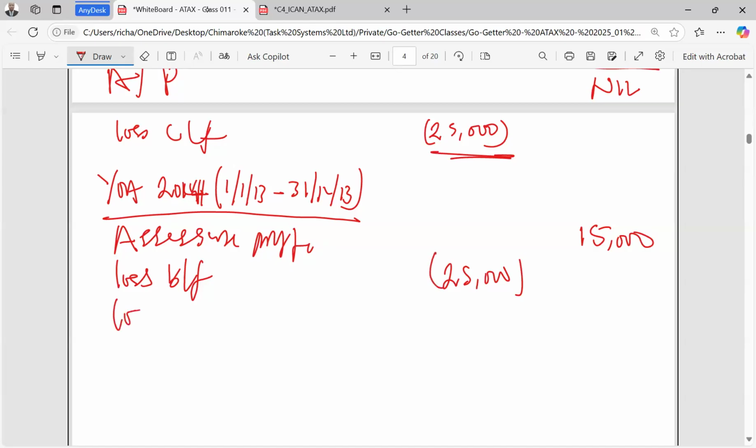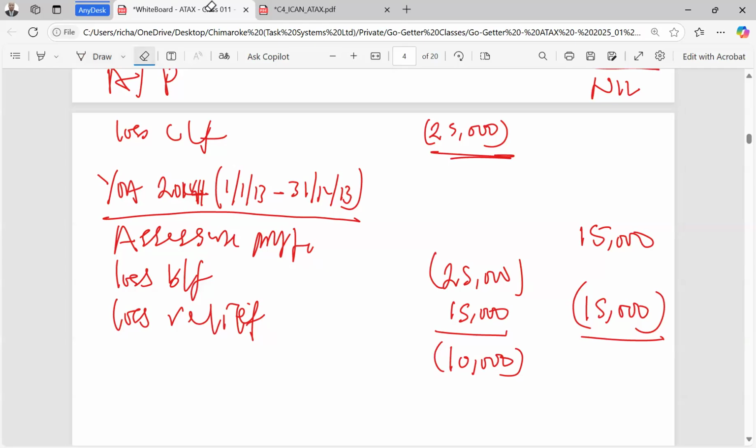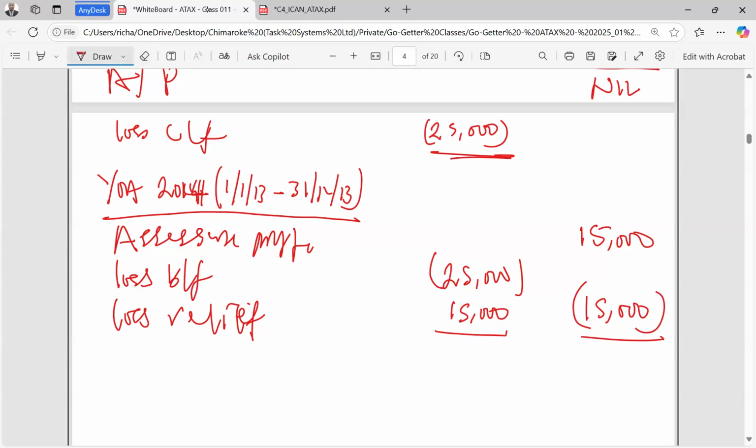Then loss relief. You are going to bring 15,000 out for relief. Okay, so this will remain 10,000 on relief loss. Okay, sorry, I shouldn't have done this first. Let me do this first. This is new. So this is your assessable profit.